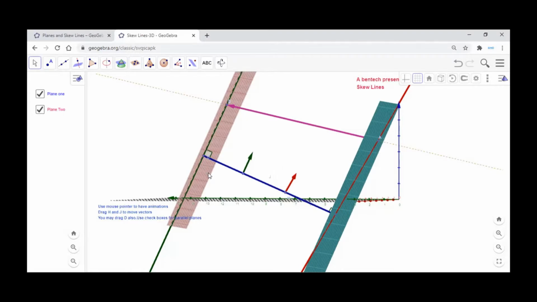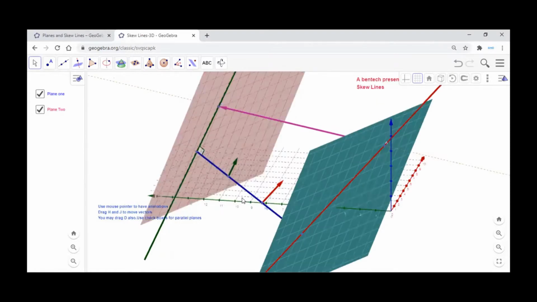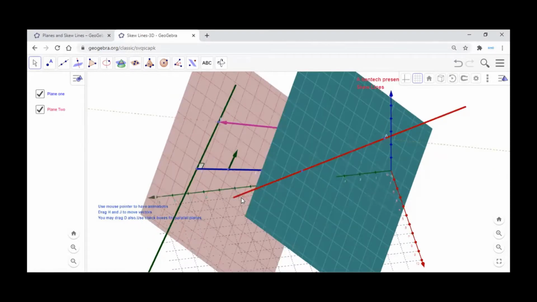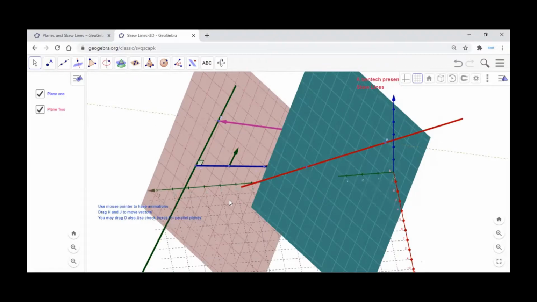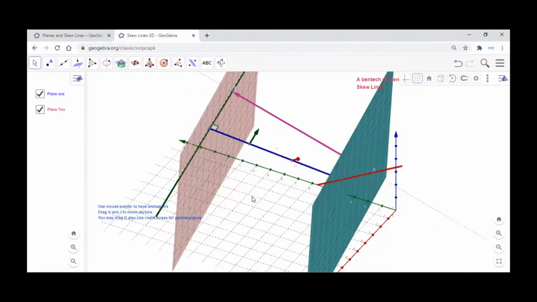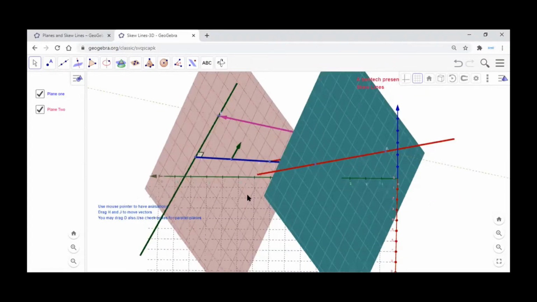You may say these two lines are parallel. But here, the lines are not parallel, you can see. So the lines which are neither parallel nor intersecting are called skew lines.